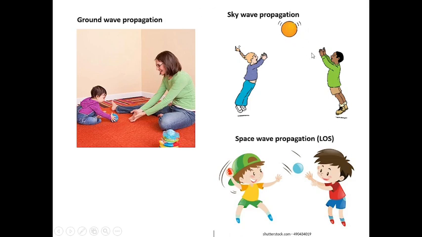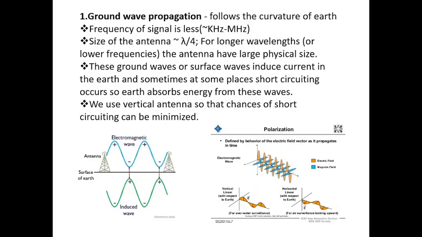So there are 3 different ways in which a ball can reach the receiver: rolling on the ground, throwing the ball directly, or throwing the ball onto the roof and then it is reflected to the receiver. This is sky wave propagation. With the animation, I just want to convey the different wave propagations.